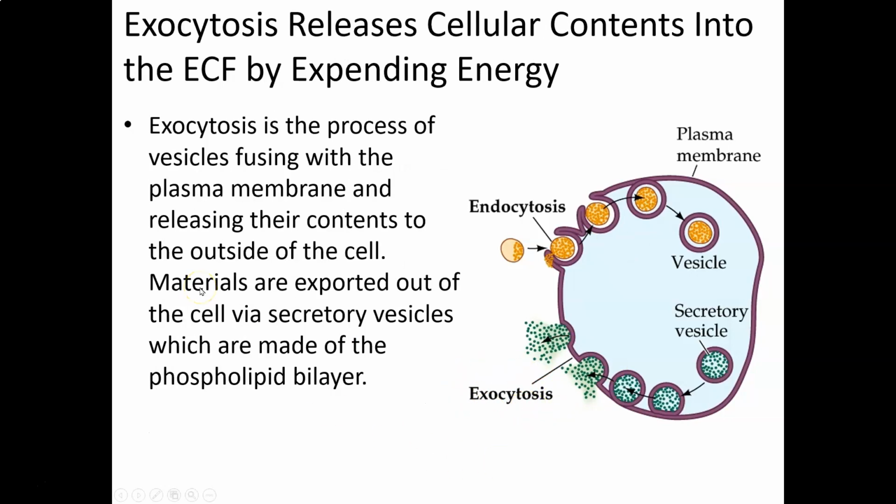The opposite, which we can see right here, is exocytosis. Exocytosis is where we take a secretory vesicle, fuse it with the membrane wall, and basically spit the contents outside of the cell. All right, so exocytosis is spitting stuff out of the cell. And that creates the end of this.